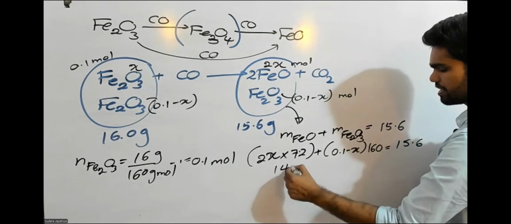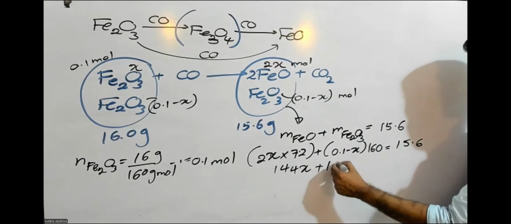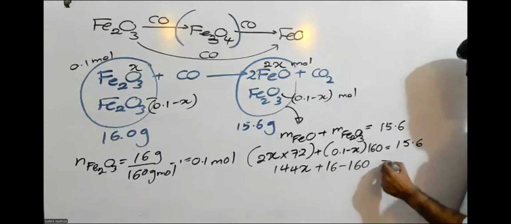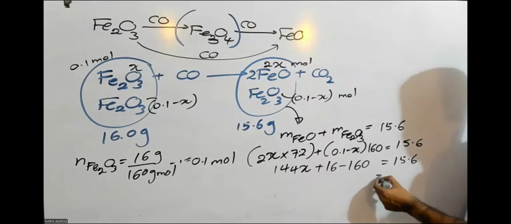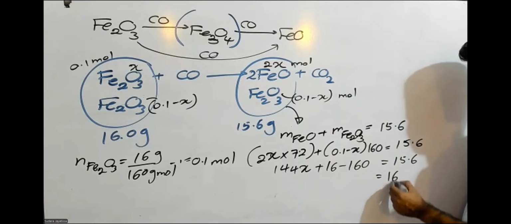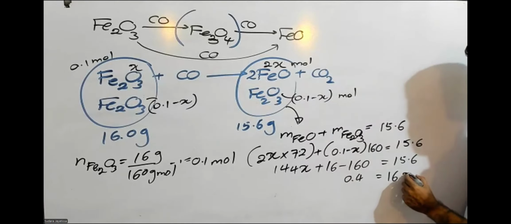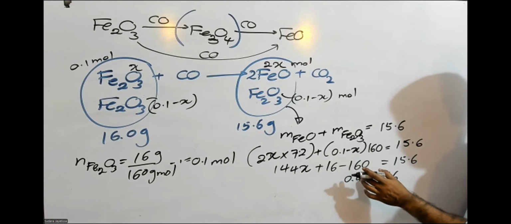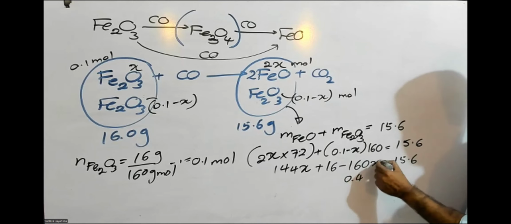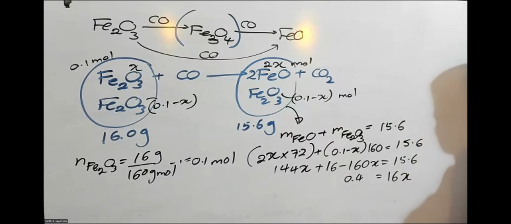Okay, so 144x plus 16 minus 160x is equal to 15.6. If you simplify this further, 16x is equal to 0.4. Yeah, 16x is equal to 0.4.